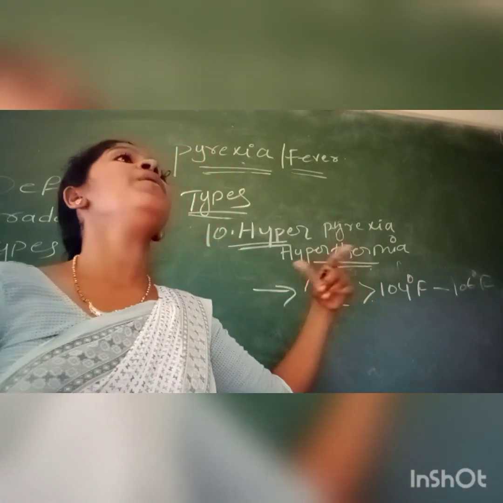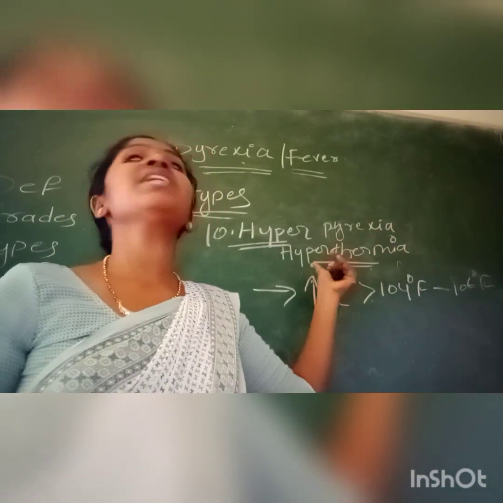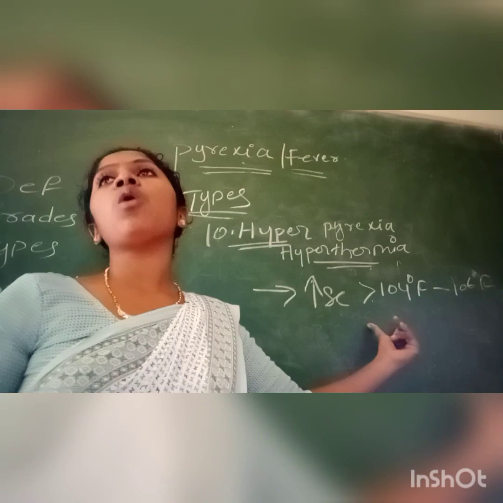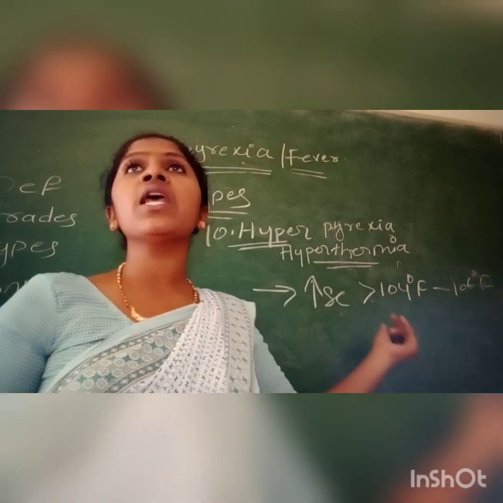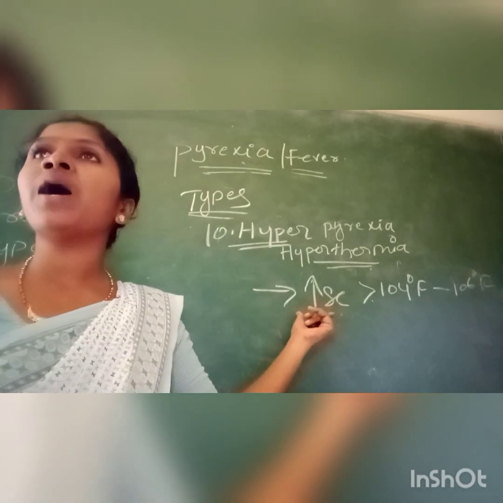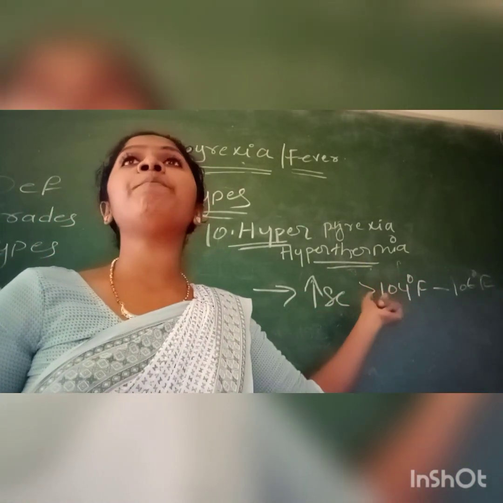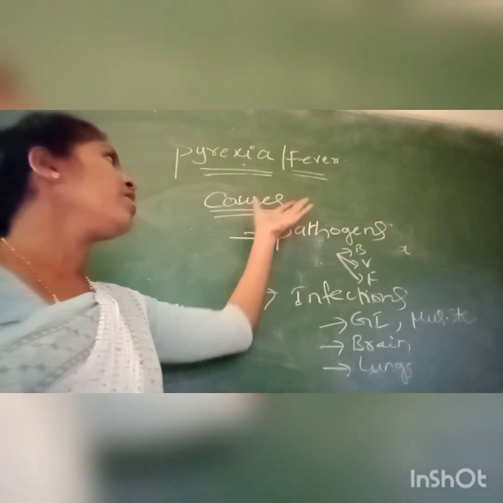Whereas hyper, the name itself is saying, fever is there but it is hyper. If the temperature rises to more than 104 degrees Fahrenheit to 106 degrees Fahrenheit, that is called hyperpyrexia or hyperthermia.